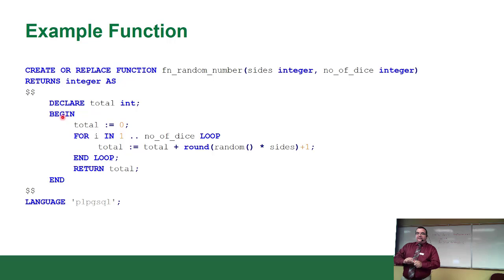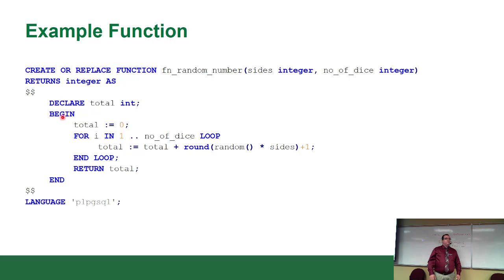And then inside of that, I'm going to build up my total. And this is the equivalent of saying, I don't remember the rand syntax properly, so I'm just going to abridge it. What I'm doing here is taking random times number of sides plus 1.